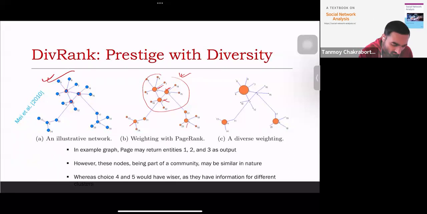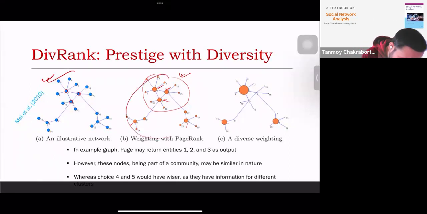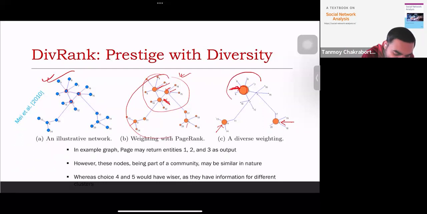So instead of ranking node 1, node 2 and node 3 as the top 3 nodes, if you rank node 1, then node 4, node 5 at top 3, this would be more diverse, because when you return this node as the rank result, the entire part of this network will be covered by this node.